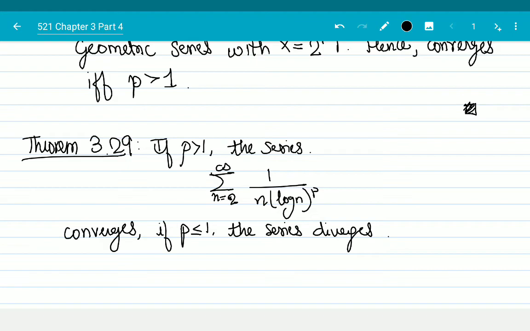Proof, we are again going to use theorem 3.27. Okay, proof. So what we are going to assume for now, even though we haven't completely defined it yet, is that the function log n is increasing, without proof.